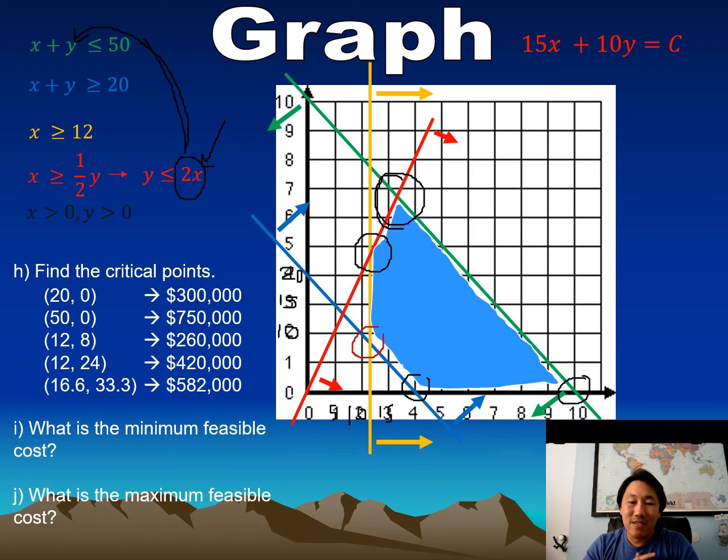And now the district wants to know, well, what's the minimum feasible cost? So what is the minimum amount of money they can spend? And it looks like the smallest amount of money that they can spend is if they, oh, that's not the smallest. The smallest is right here.